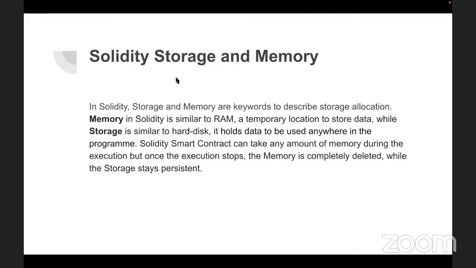Solidity smart contracts can take any amount of memory during execution, but once the execution stops, the memory is completely deleted while the storage stays persistent. So what this is telling us is that memory temporarily stores data, in functions in particular, while storage stores data, and this data can be used all through the code.